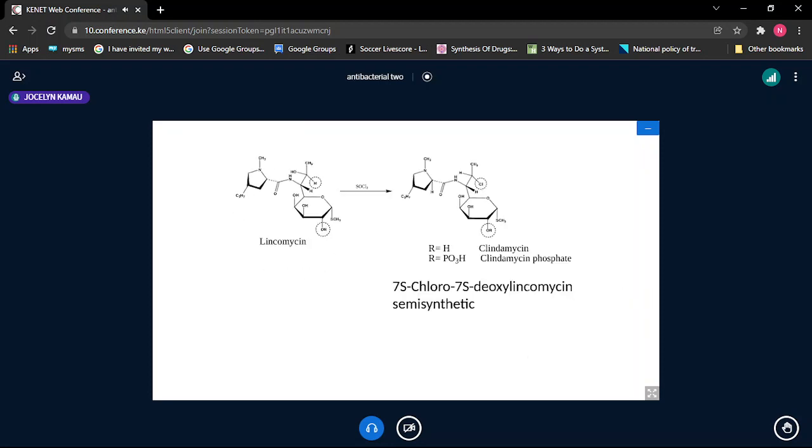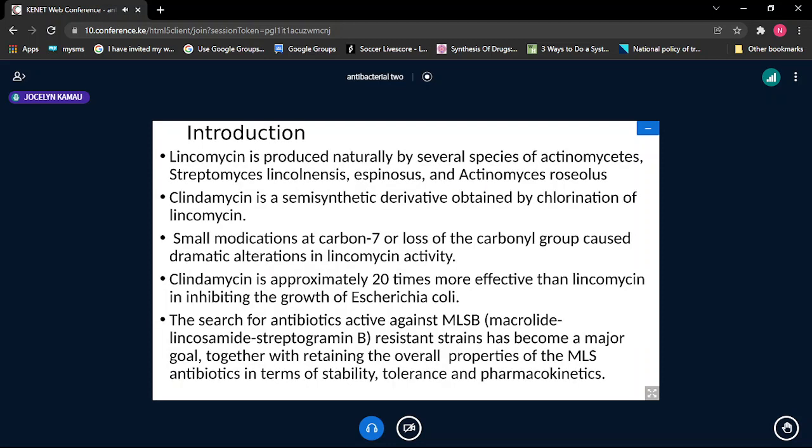If you lose this carbonyl group, you would of course lose activity. But a very small change at position 7, putting in a chloro group with inversion of stereochemistry, gives a molecule about 20 times more active than lincomycin. Clindamycin is almost 20 times more effective than lincomycin at inhibiting the growth of Escherichia coli.